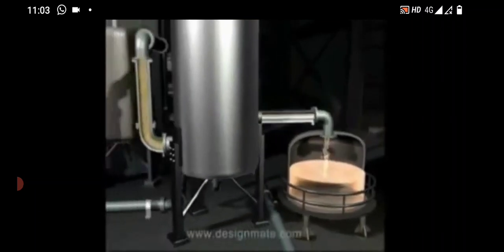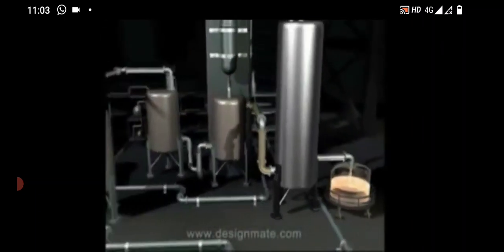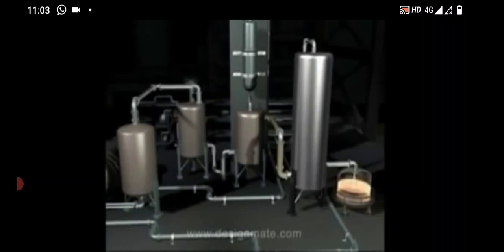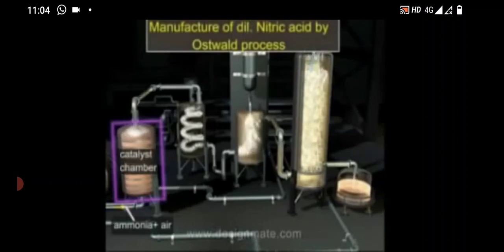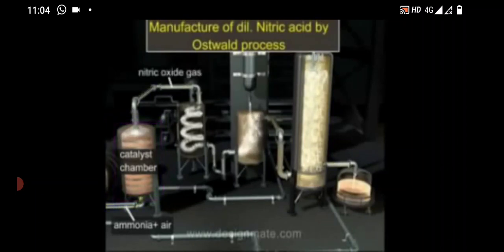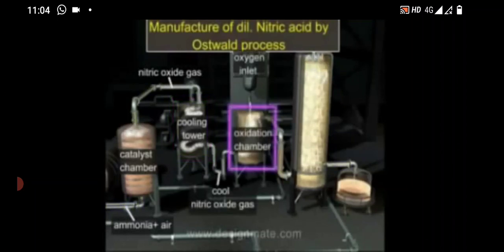Dilute nitric acid can be synthesized from ammonia via the Ostwald's process. A mixture of ammonia and air is passed through a catalyst chamber where ammonia is oxidized to nitric oxide. This nitric oxide is passed to the cooling chamber where it gets cooled and then enters the oxidation chamber, which is connected to an oxygen inlet.